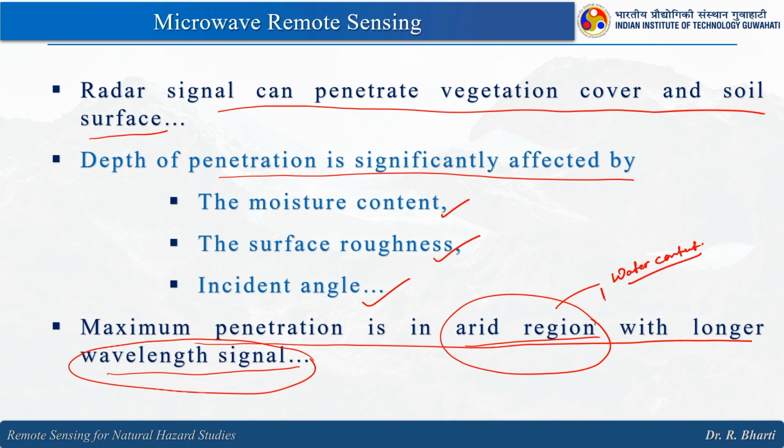Here you have low water content and you will have a low dielectric constant, right. Because of that, depth of penetration will be more in such areas. So, if this is the surface, if you have a longer wavelength, it will penetrate more. It will be as good as or equal to the wavelength of your microwave energy.